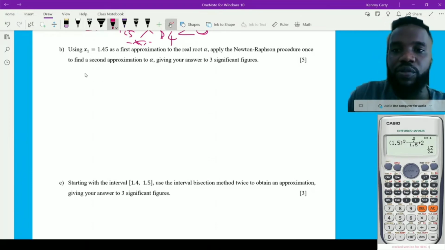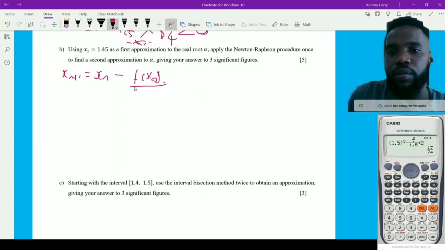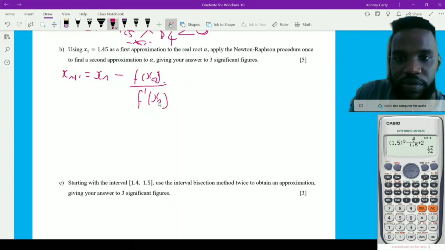Alright, so one of the best ways of approximating the root of an equation. And it says that x n plus 1 equal x n minus f of x n over f prime of x n. Alright, that's what Newton-Raphson says.